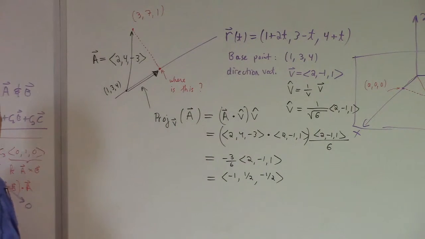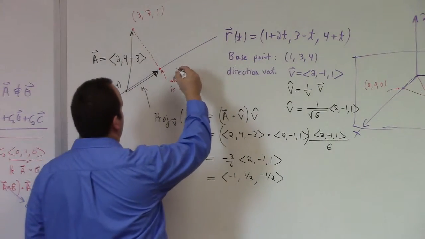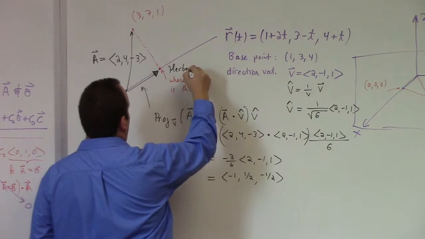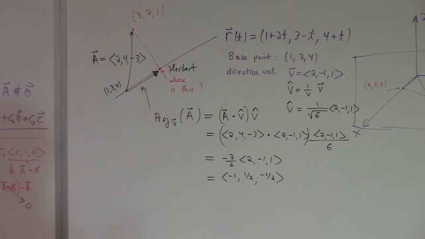Now, can you see how that allows you to get the point that we're after? How do we get the point? Let me give the point a name. We'll call it Herbert. Okay, so what's the formula for Herbert then? Can you see it geometrically?